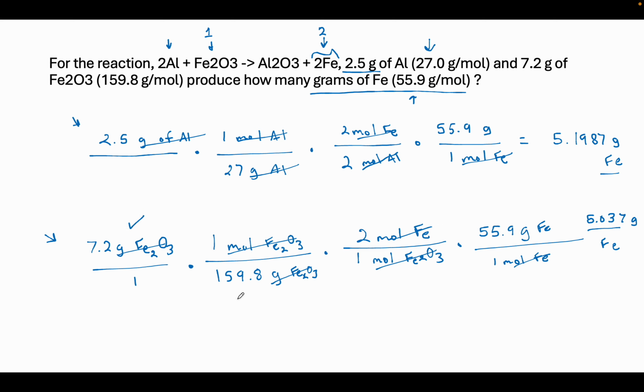They wrote the 159.8, check. They wrote 55.9, which is this one, check. And then they wrote the 2, check. E does everything except for the 2 moles, so it doesn't convert from mole of iron oxide to mole of iron. Okay, so there we go. It should be A for number 14.